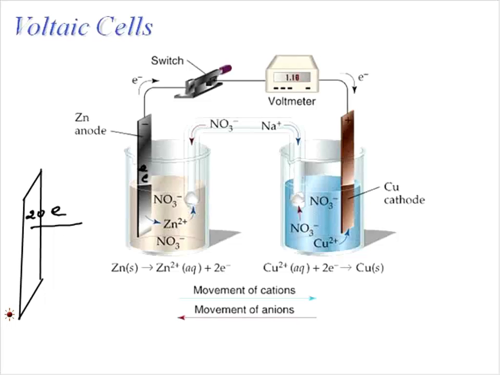If there are 10 atoms we consider, each giving 2 electrons, 20 electrons are here in that plate. They're not jumping into the solution. So shouldn't it be electrically negative? So that's the reason.